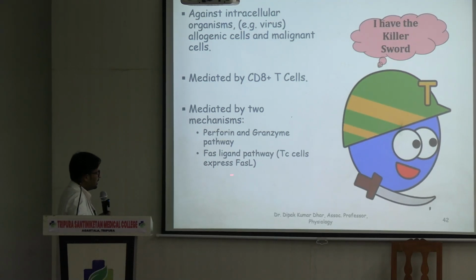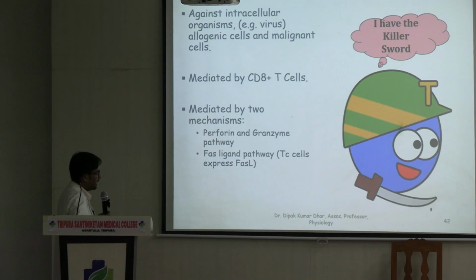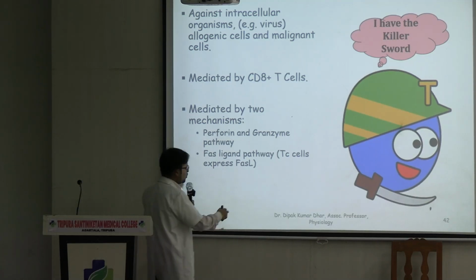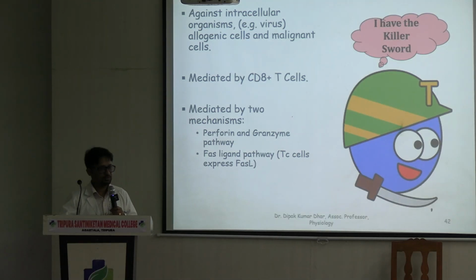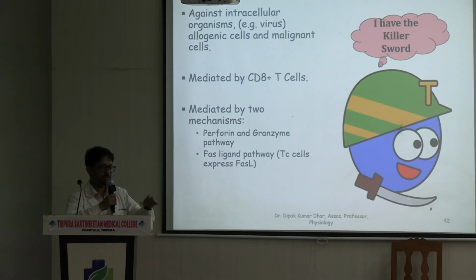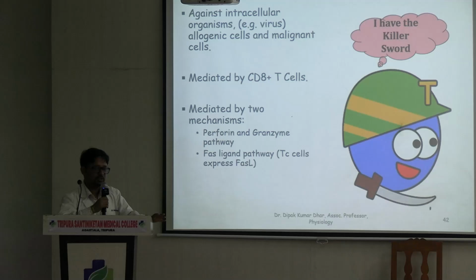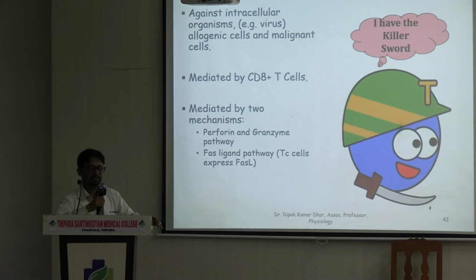So the same way. The second one is the Fas ligand pathway. This is also called death ligand or CD95. The T cells normally have this Fas ligand, a certain protein which can bind to the Fas receptor. So when an organism infects a cell, I'm talking of an intracellular organism, in that process of infection, the surface molecules are all altered, right?